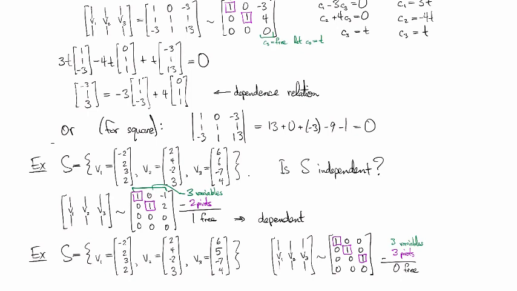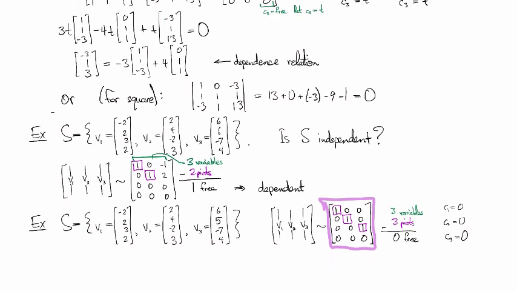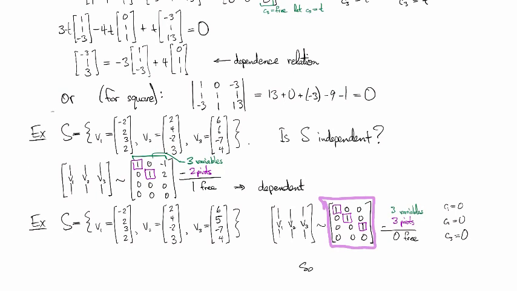In fact, if you reinterpret what this final matrix is saying, it's giving you the coefficients for solving the homogeneous equation. In other words, it's telling you C1 is equal to 0, C2 is equal to 0, and C3 is equal to 0. And that's exactly the meaning of linearly independent: whenever the homogeneous system only has the trivial solution. So in this case, S is independent.